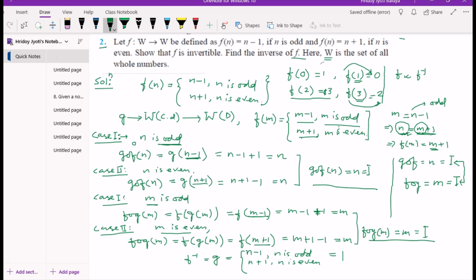So here f and f inverse are equal, as we have seen in these examples. This is how this question needs to be solved.